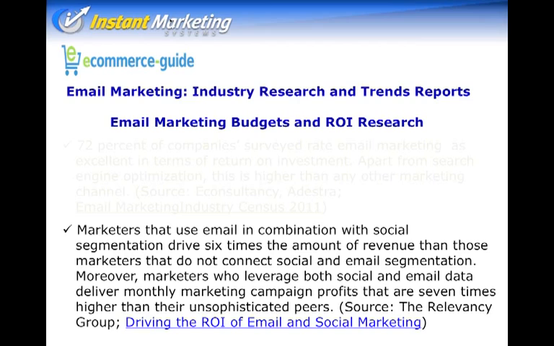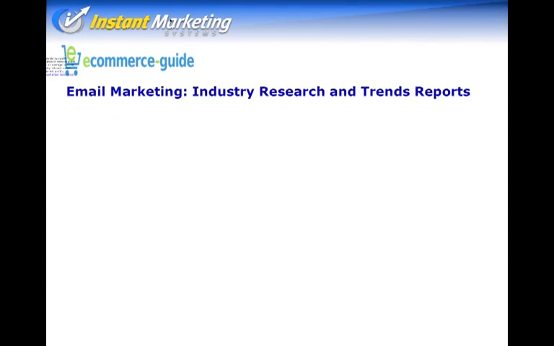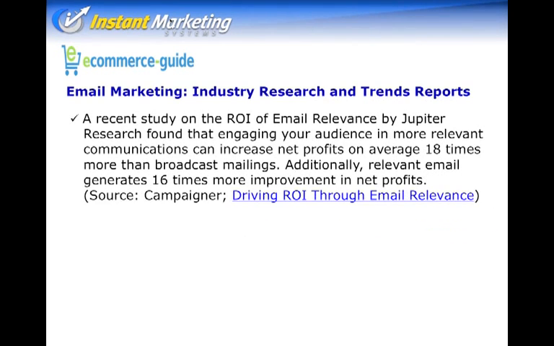Marketers that use email in combination with social segmentation drive 6 times the amount of revenue than those marketers that do not connect social and email segmentation. Moreover, marketers who leverage both social and email data deliver monthly marketing campaign profits that are 7 times higher than their unsophisticated peers. And how about this one? This is from The Campaigner, driving ROI through email relevance.